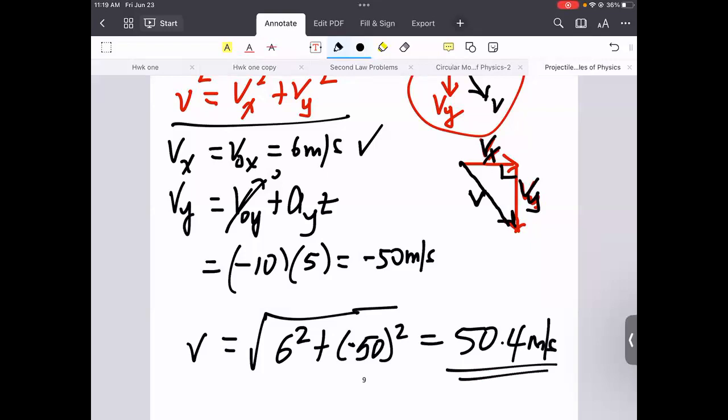Let me try it again. Squared plus squared. Yep, 50.4 meters per second, sorry, per second. All right, so that's the end of the practice problems or discussions.